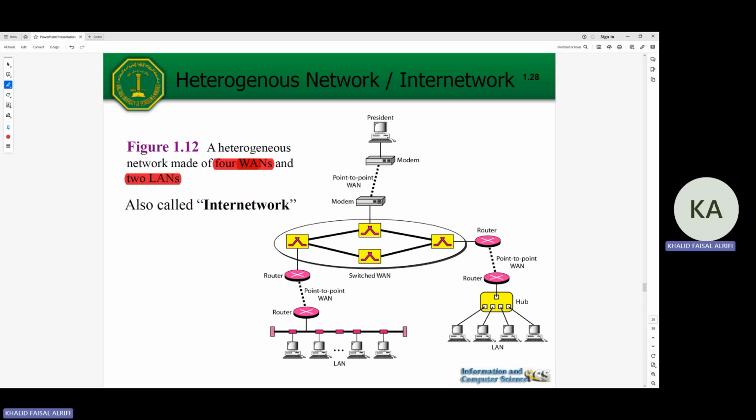Here, for example, this is the first WAN, the second WAN, here the third, and here the fourth. And here the LANs, the first LAN and the second LAN. So when you are asked to identify or define the heterogeneous network, you will say it consists of four WANs and two LANs, as shown in the figure.